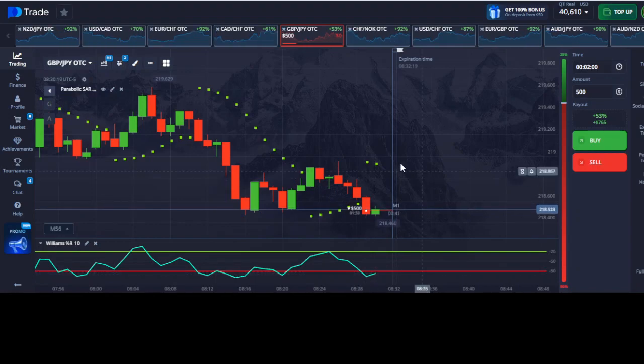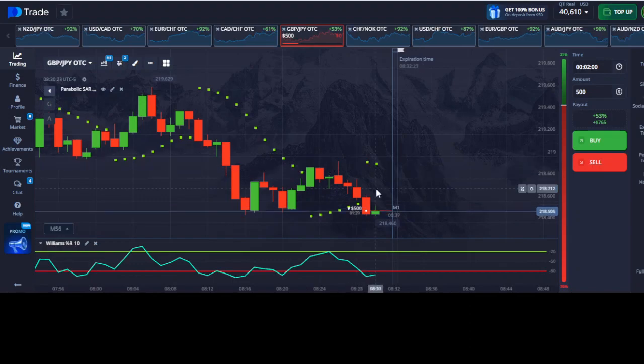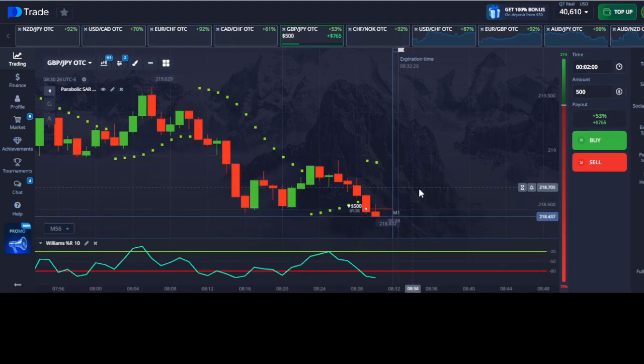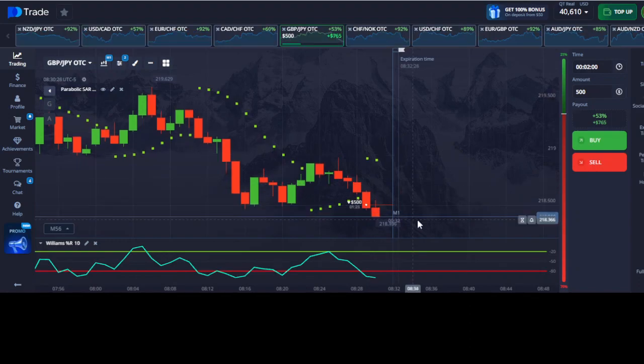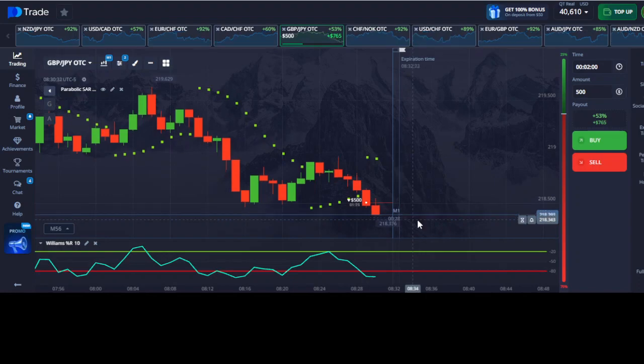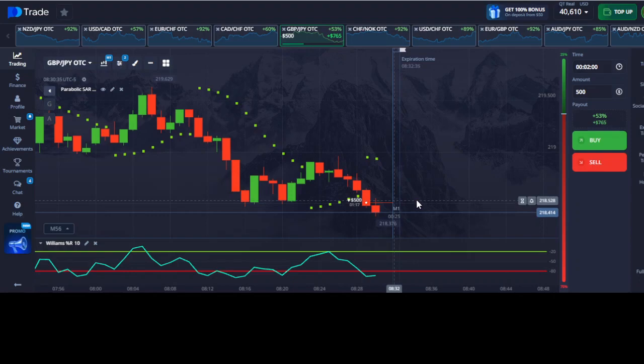Secondly, the Parabolic SAR dots have printed above the candles. Now, this suggests to me that there's going to be a continued downward momentum in the currency price here. So let's monitor this trade over the next 2 minutes and wait for the expiration.